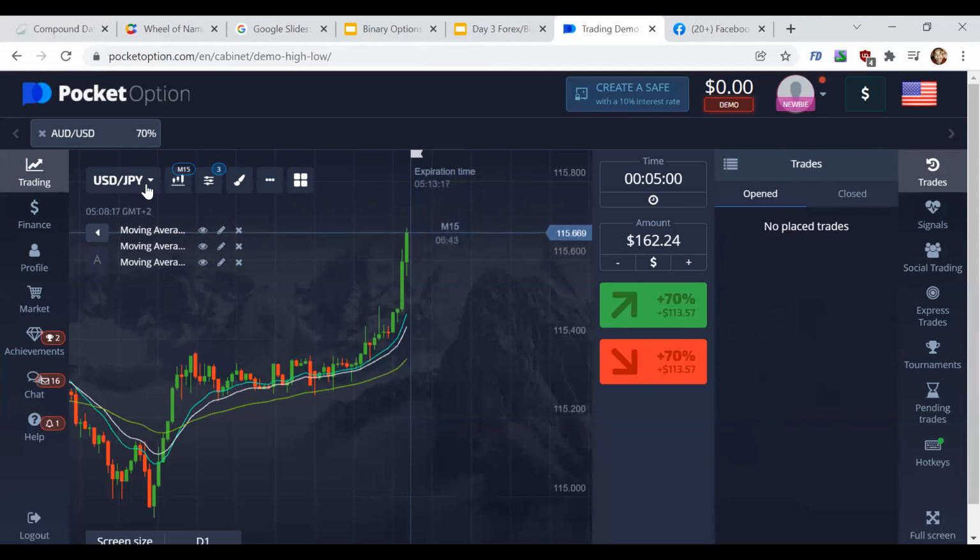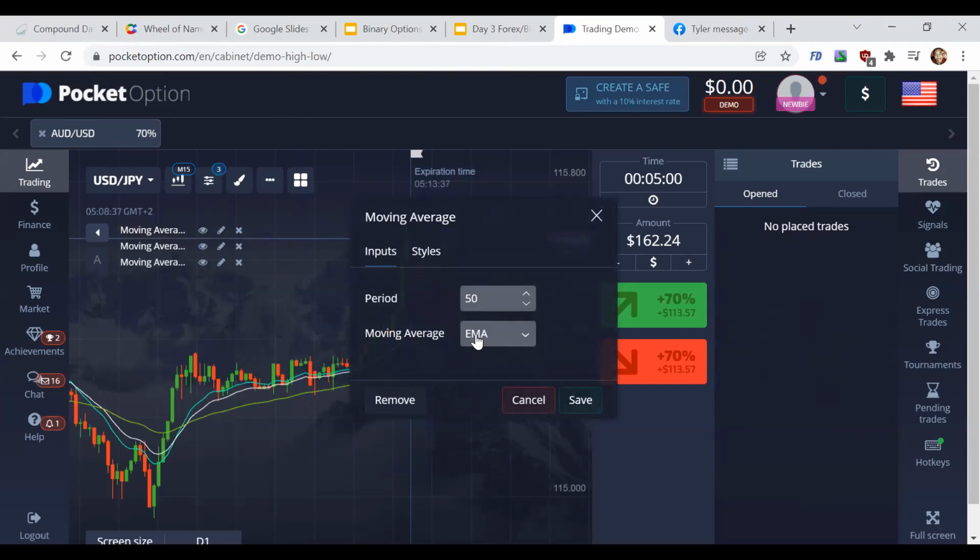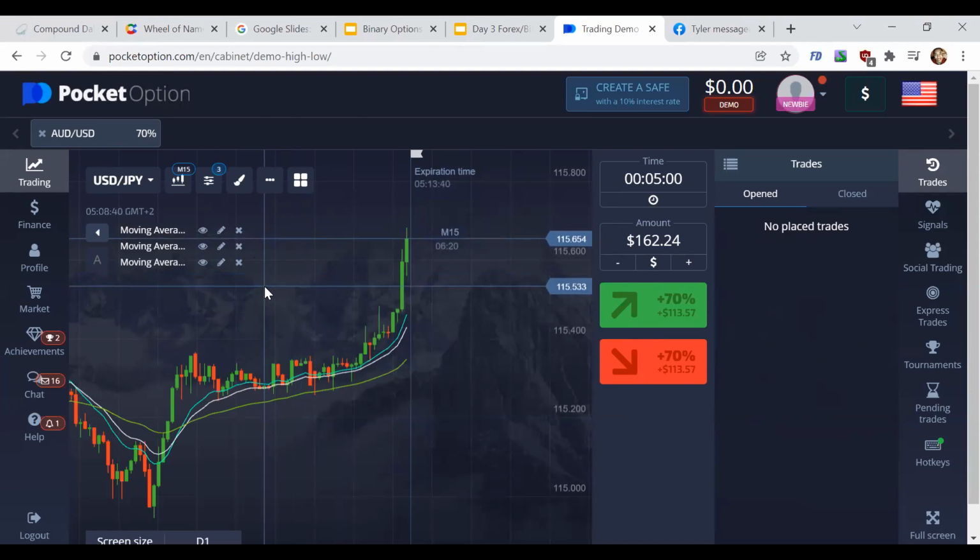All right. So the last thing that I'm going to tell you guys that I do for binary is my 2 SMMA. Oh my goodness. Yeah. Okay. So it's the 7 and the 10.